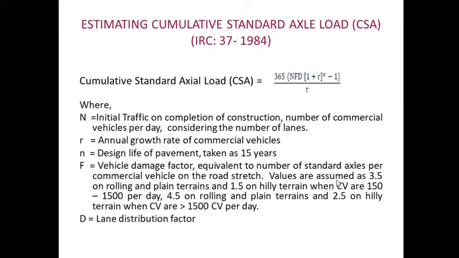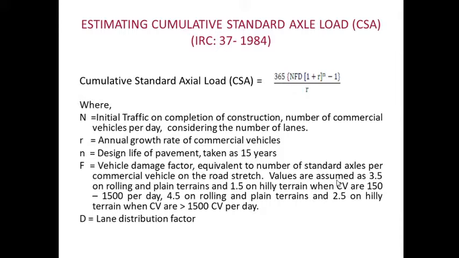Cumulative standard axle load, CSA, can be determined by using this formula, where N is the initial traffic on completion of construction, that is, the number of commercial vehicles per day, considering the number of lanes also. Then small r is the annual growth rate of commercial vehicles, normally 7 to 9%.